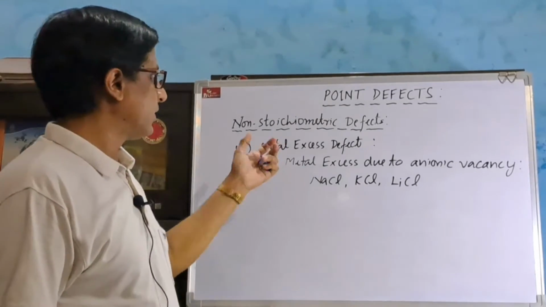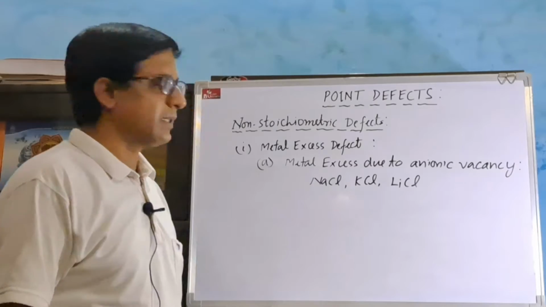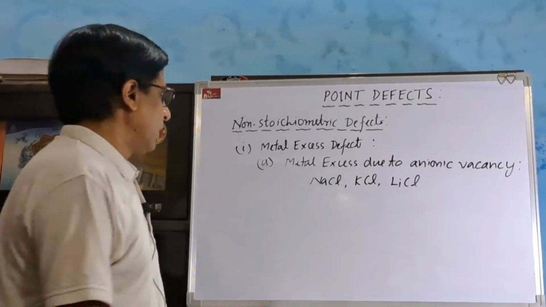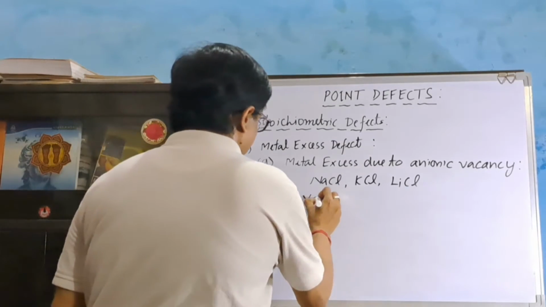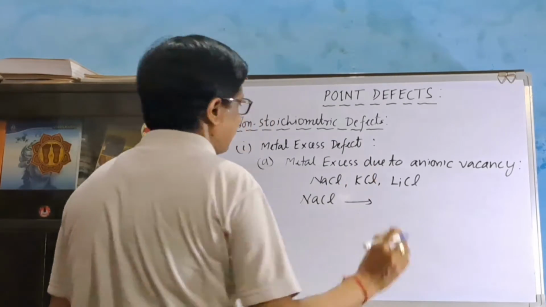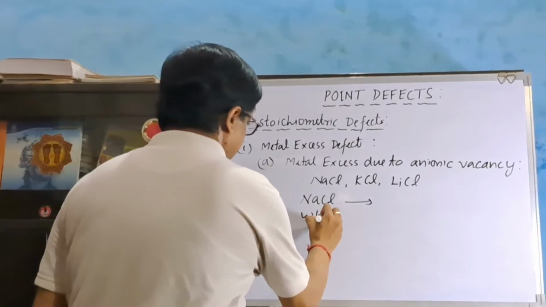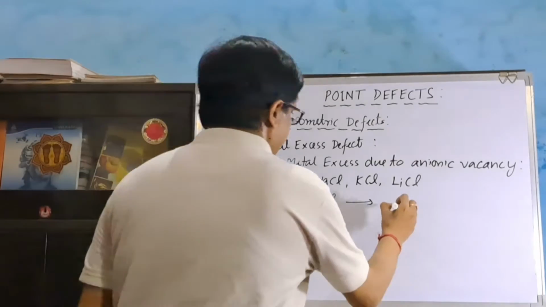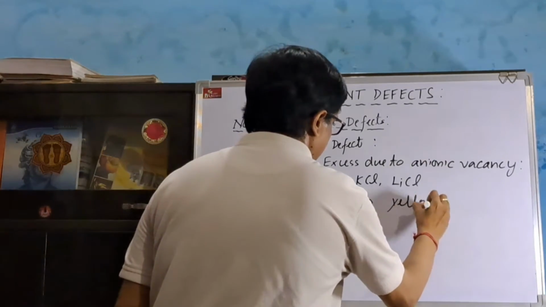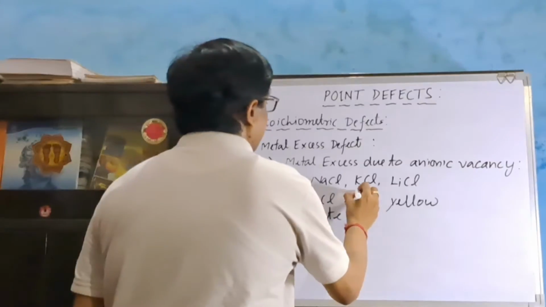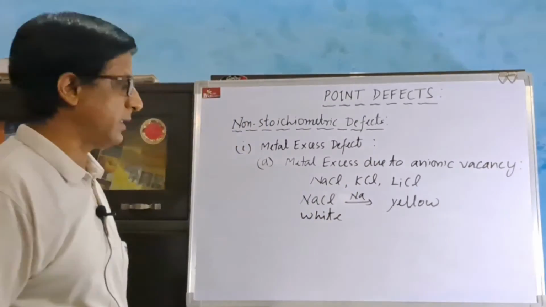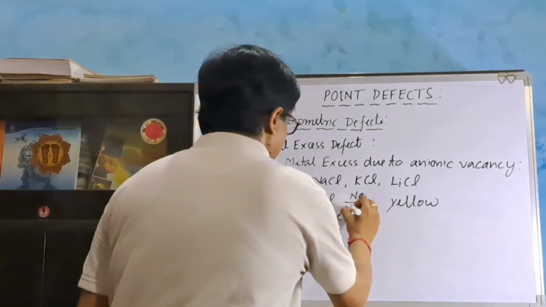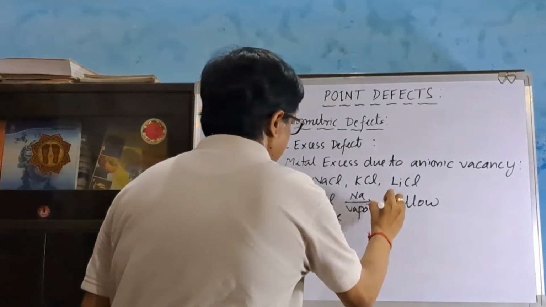Sodium chloride is generally white, but due to the presence of metal excess defect, it turns yellow.